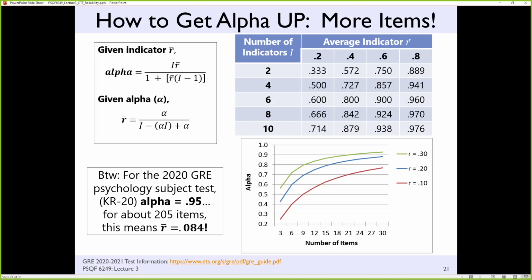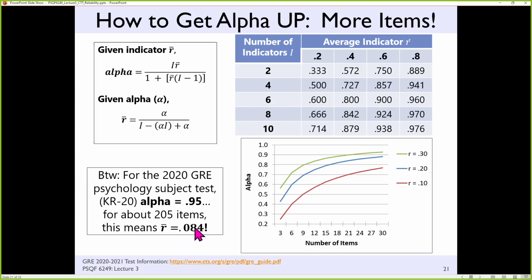Alpha, when it's computed for binary items, has a computational shortcut that is known as KR20. It's a different formula, but it's exactly the same thing. So that means that an alpha of 0.95, that sounds like good, right? That's pretty high. But there's 200 items. You do the math, that's an average inter-item correlation of 0.08. So I would not call that test reliable if this is how related the items are.